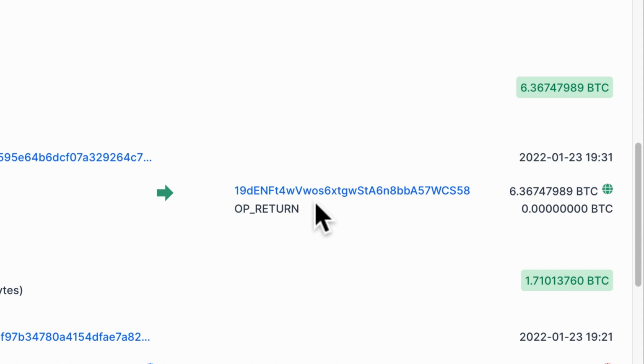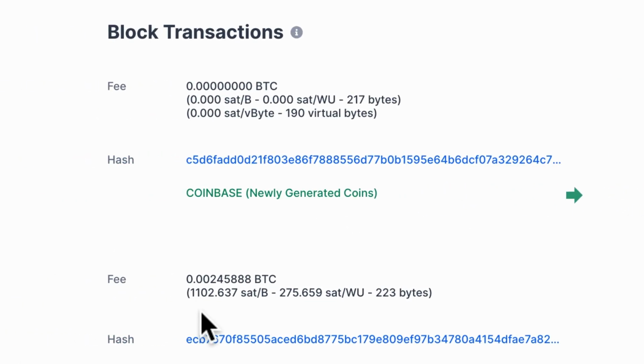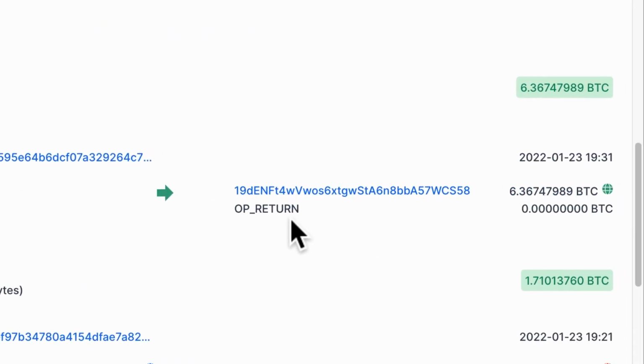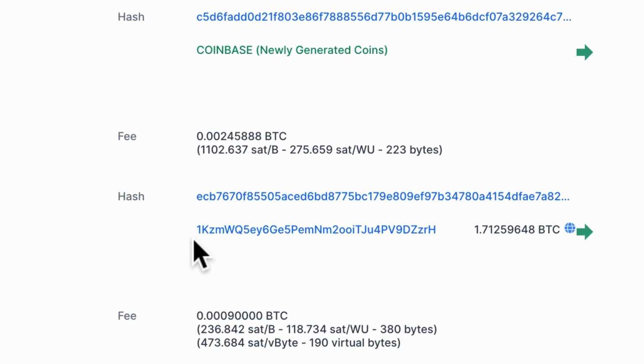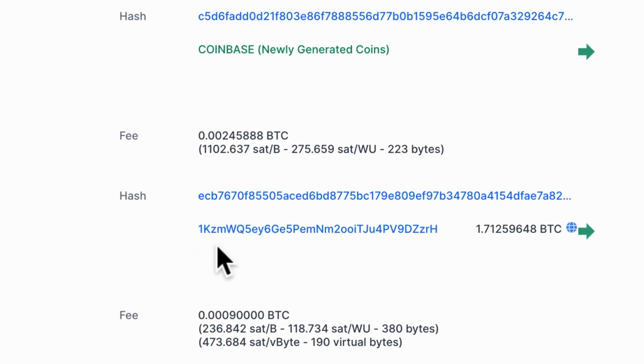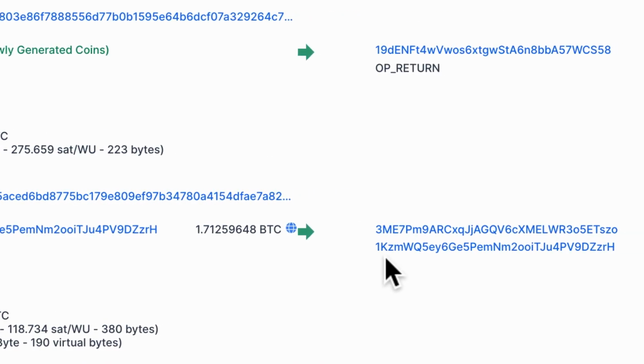But let's take a look at the second transaction on the block. We now have a fee here that was paid by the sender in order to use the Bitcoin network. This fee is sent to the miner here as a reward, again included in that 6.36 Bitcoin. But now we have a valid sender's address, and actually we have 2 addresses that are receiving this currency.